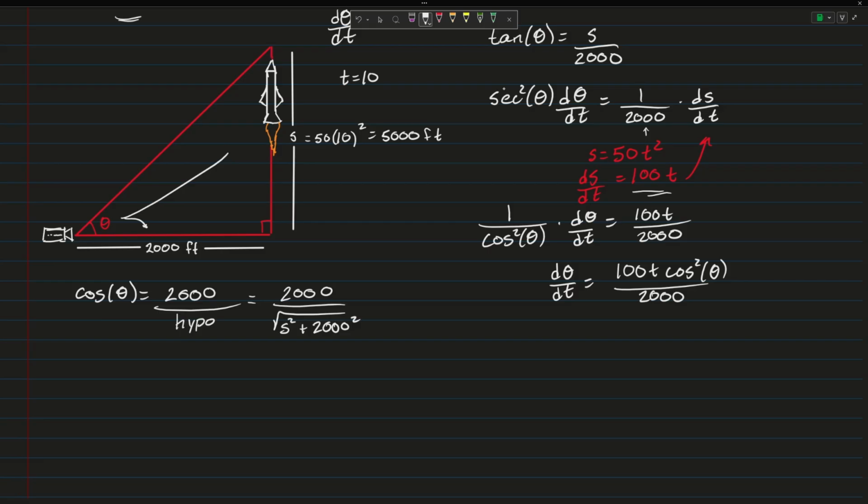Okay, so if we start to substitute that in again, d theta dt is equal to 100t. I'll write this as a separate fraction. And then that cosine squared of theta is going to be this cosine of theta all squared.